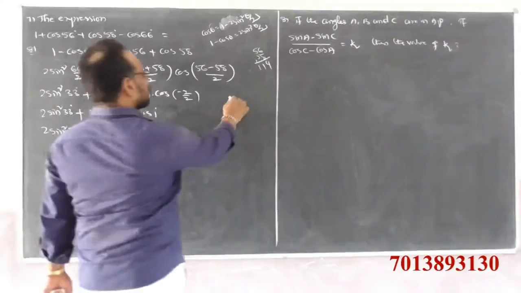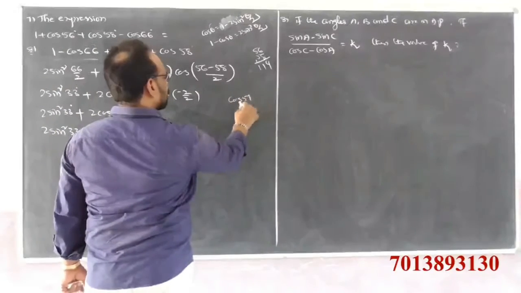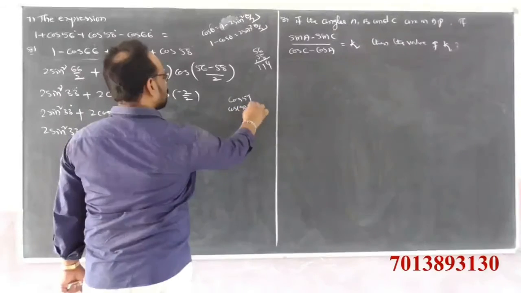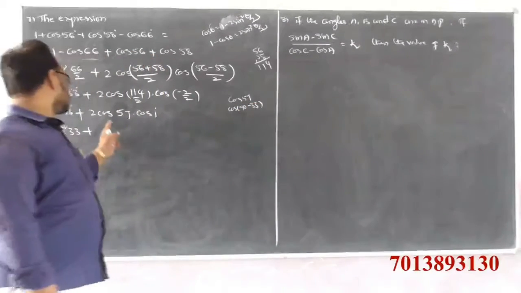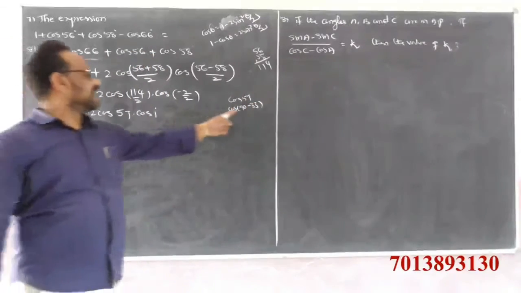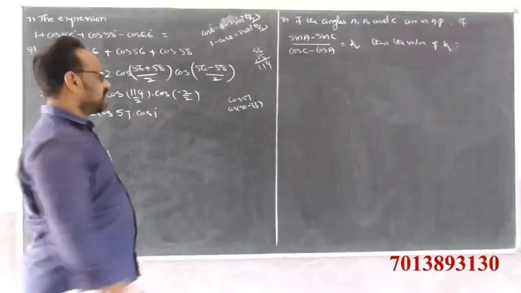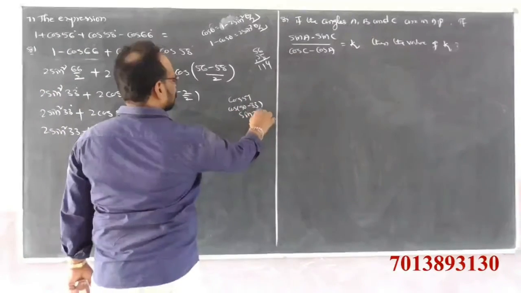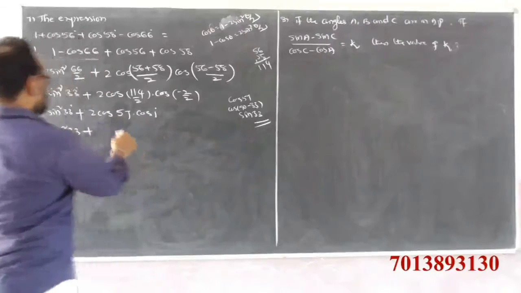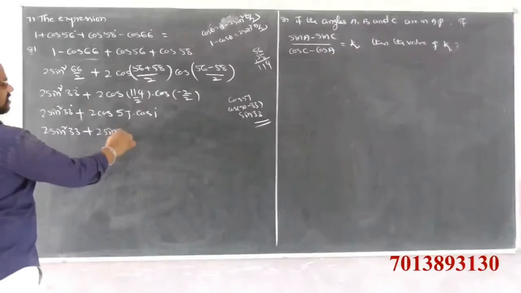So 2 sine square 33 plus cos 57. Cos 57 can be written as cos 90 minus 33. Cos 90 minus theta is sin theta. So cos 57 can be written as sin 33.